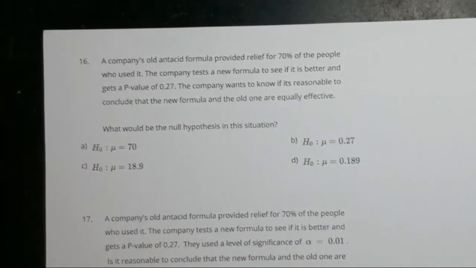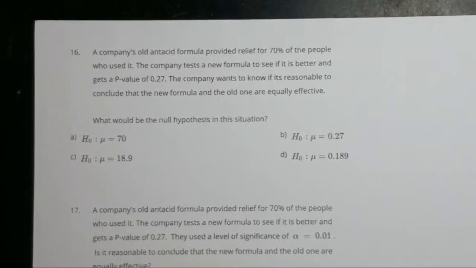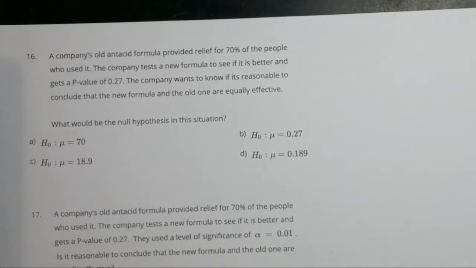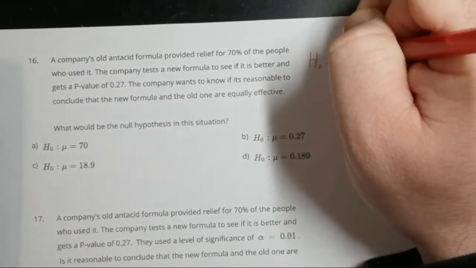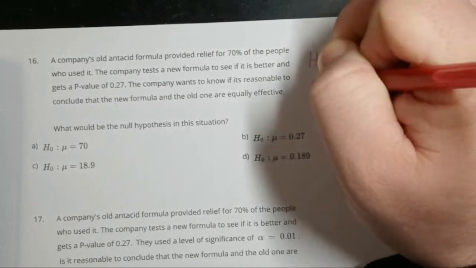A company's old antacid formula provided relief for 70% of the people who used it. Okay, that's the old formula. The company tests a new formula to see if it is better and gets a p-value of 0.27. We could write out a whole bunch of stuff for this. They're testing out this new formula, and they want to see if it's better than the old 70%.